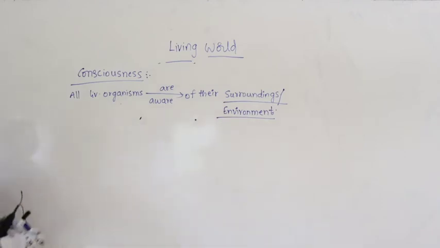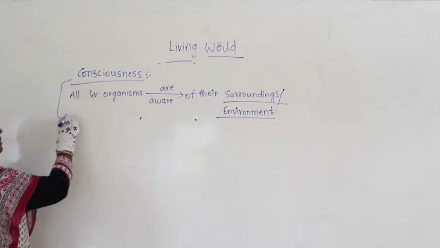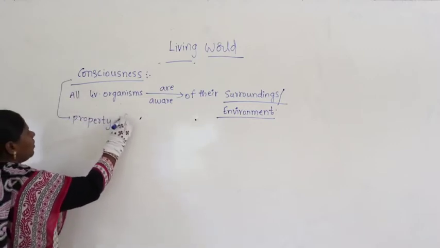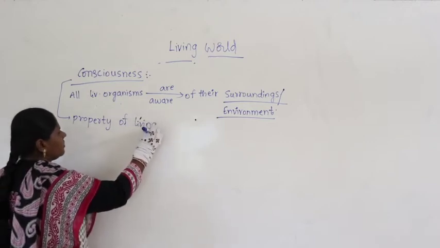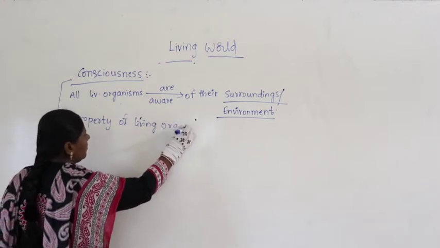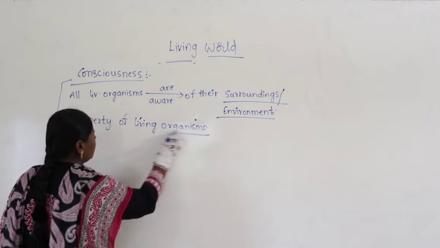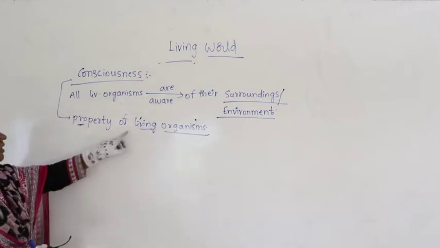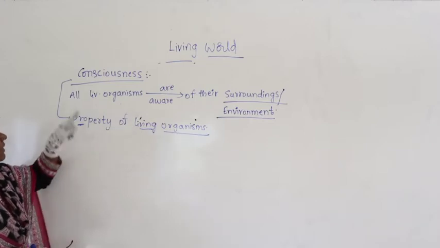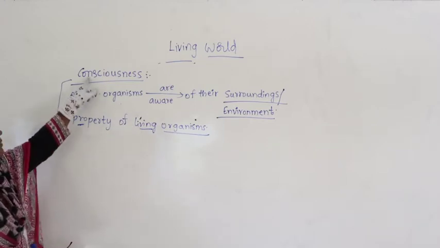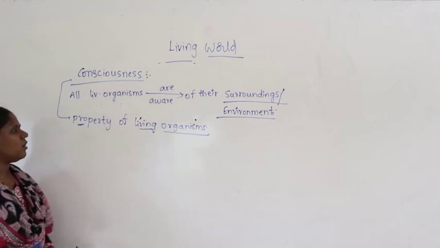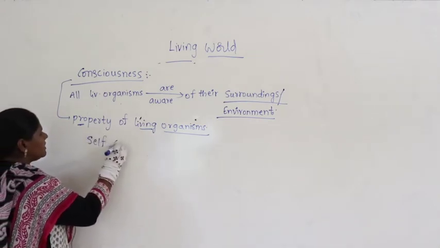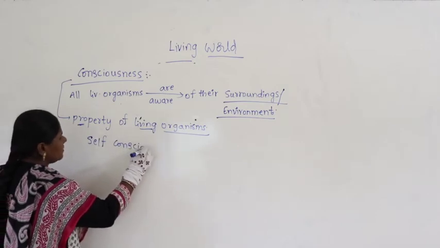Now, if you look at consciousness, we say that it's a property of living organisms. That means we say every living organism knowing what's happening in the environment itself is a property of all living organisms. Now let us concentrate on self-consciousness.